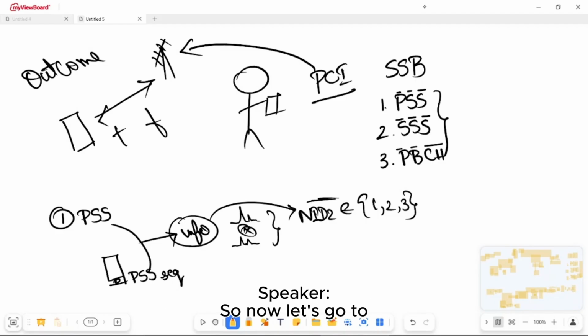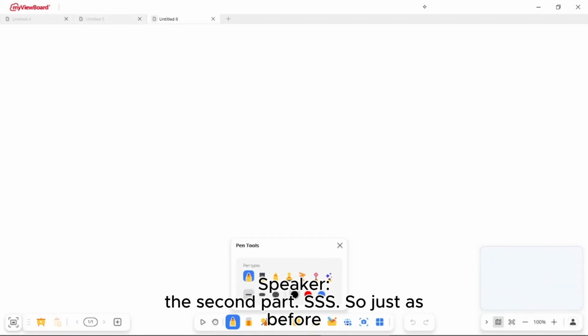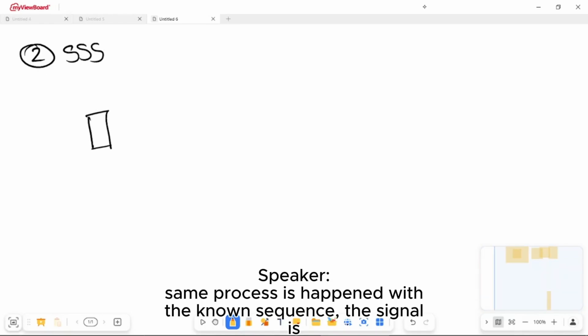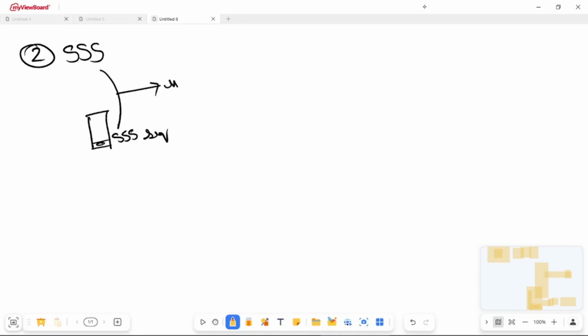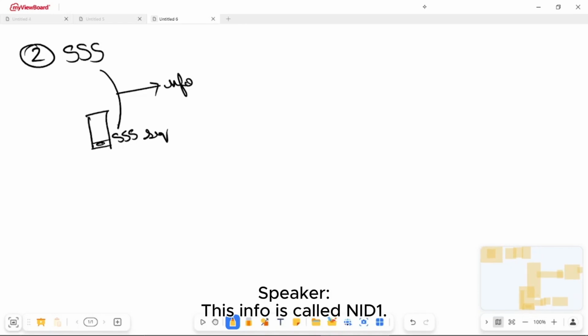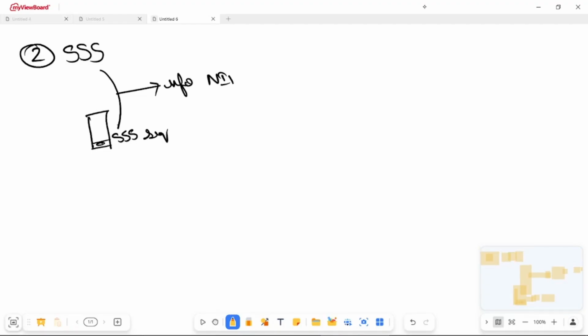Now let's go to the second part, SSS. Just as before, the same process happens with the known SSS sequence. The signal is correlated with the received SSS signal and gives the info. This info is called NID1.